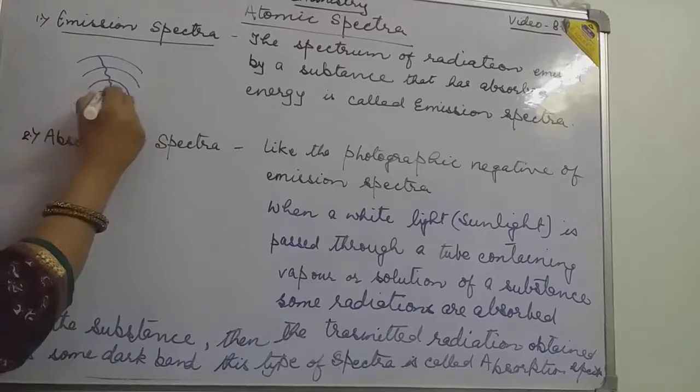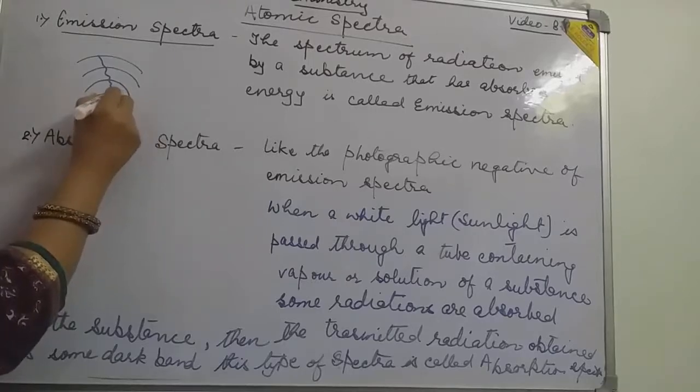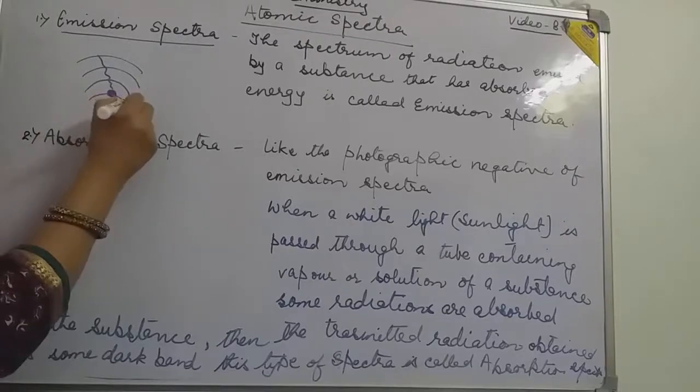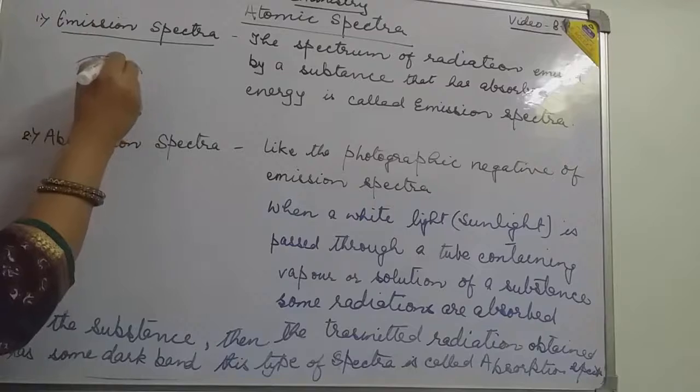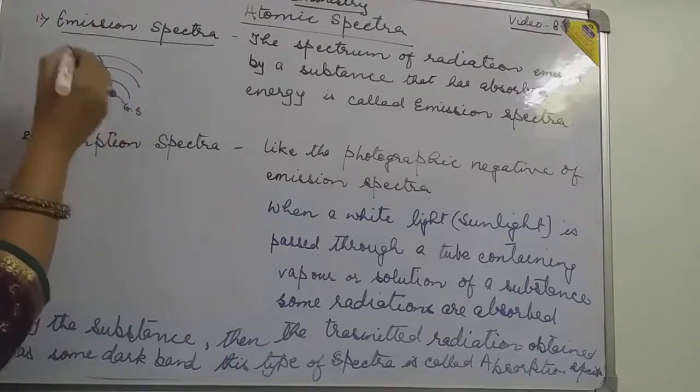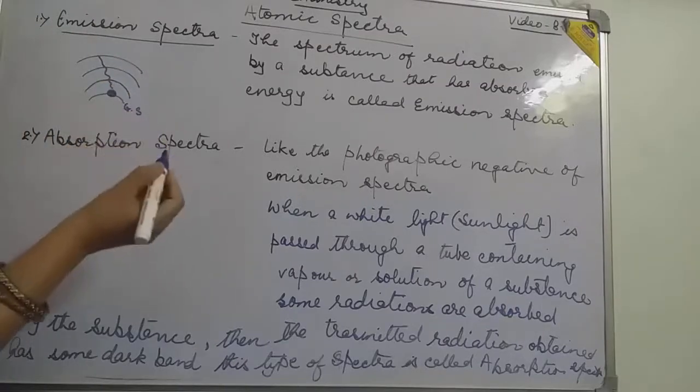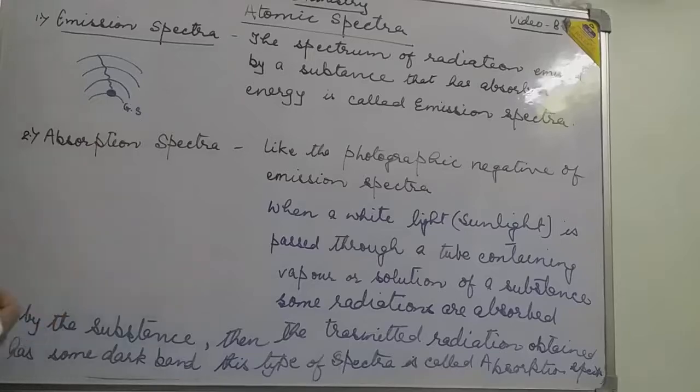If the electron is present at this state, it is called ground state.